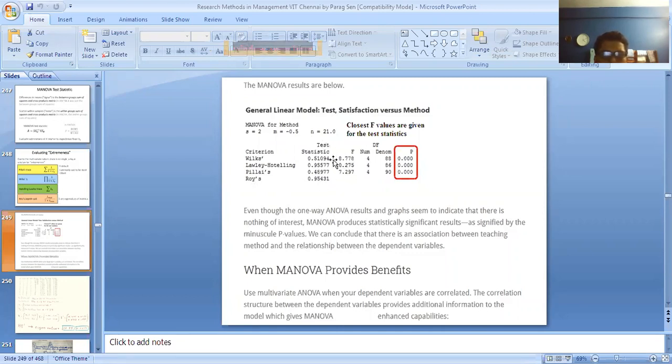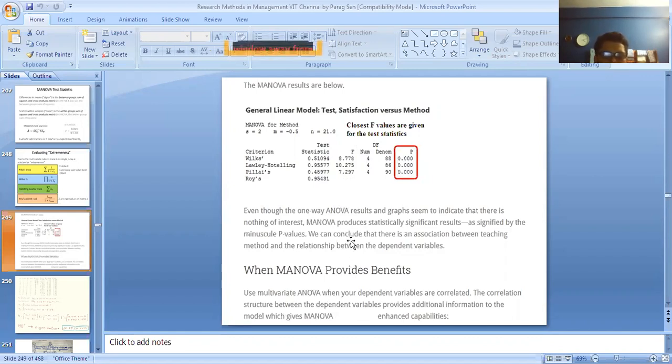Different F values are also provided, the degrees of freedom are given, and you can see that the p-values are also provided. You just have to look at the p-values to understand whether it is significant or not.